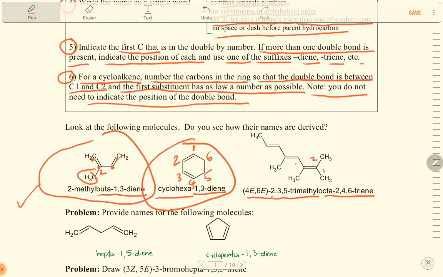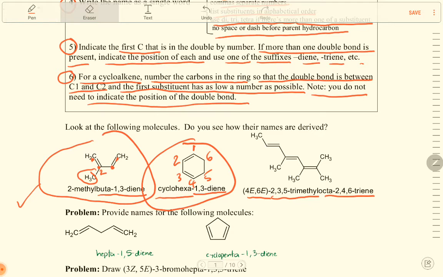Let's see. This is 7, so that's not it. Let's find out the other possibility. So what is the other possibility? 1, 2, 3, 4, 5, 6, 7, 8.